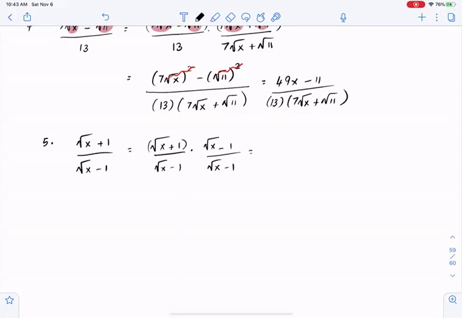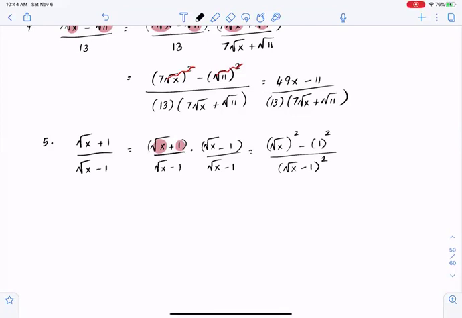In the numerator, we have a plus b times a minus b, where a is root x, b is 1. So root x squared minus 1 squared, divided by square root of x minus 1 times square root of x minus 1.